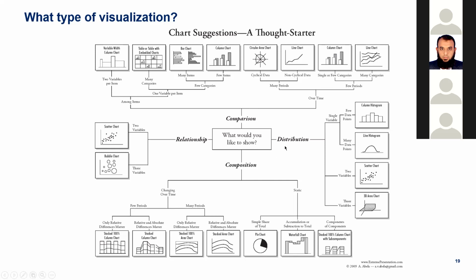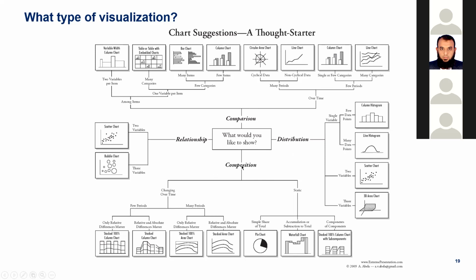But for distribution, how the data is distributed, we use a histogram, line histogram, scatter plot, or 3D area chart. These show how the data is distributed, for a single variable, two variables, or multiple variables.